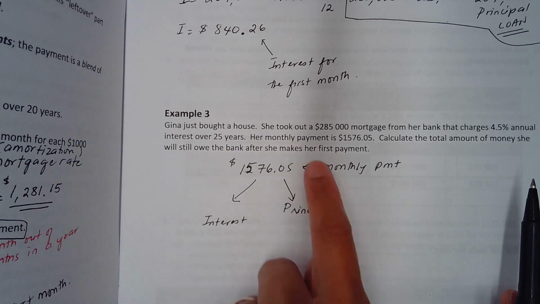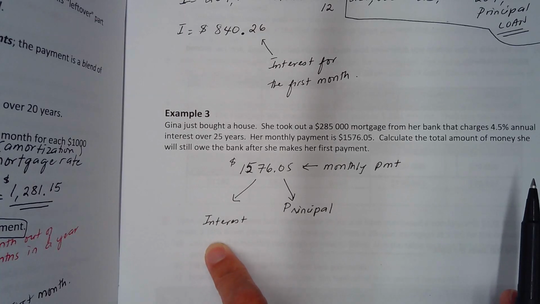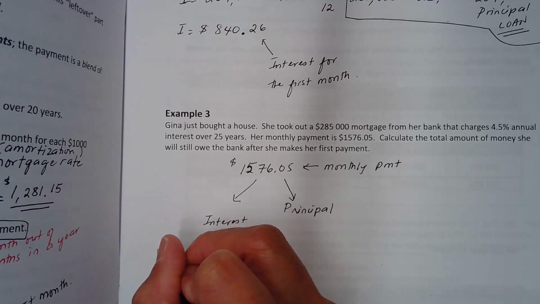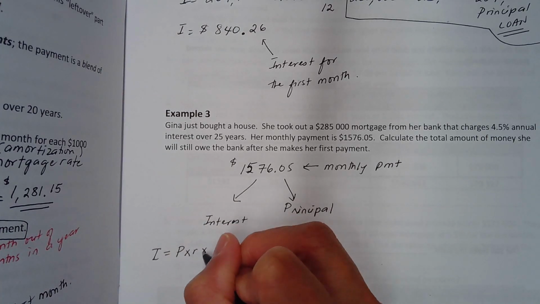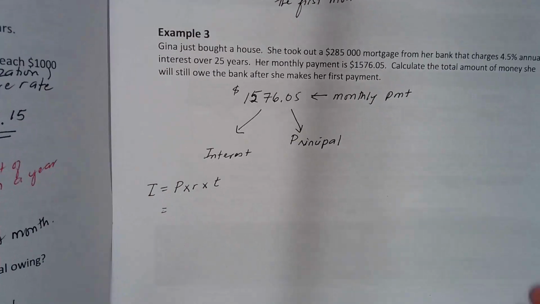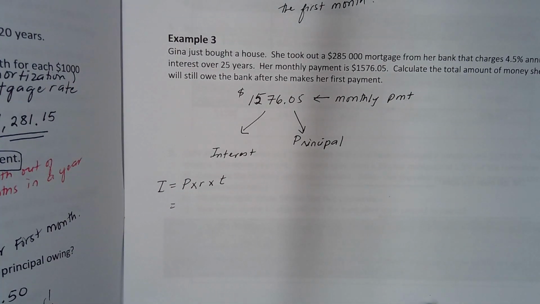This is the first payment that she made. We know part of that goes to interest, part of that goes to principal. Let's calculate the interest. How much is the interest that she had to pay? I equals P times R times T. So go ahead and calculate that.